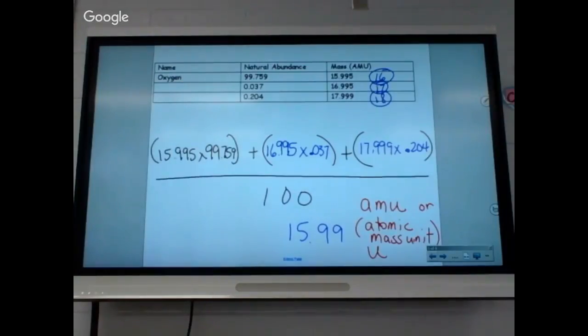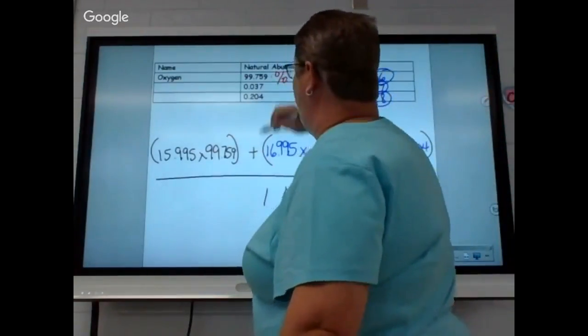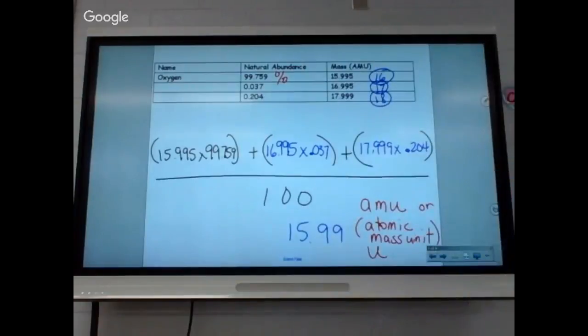Anae asked, would the numbers always be in a chart like this? And I said, no, it will not always be in a chart. If it's not, it will usually be in a set of ordered pairs, and you will always have a percent behind it so that you know that's a percent natural abundance. Everybody okay with that? Feel okay with this, or do we need to practice another one?